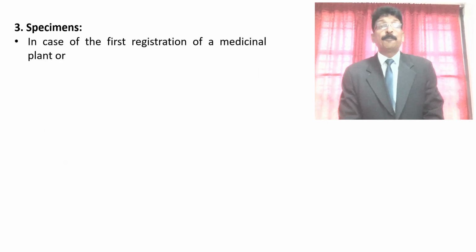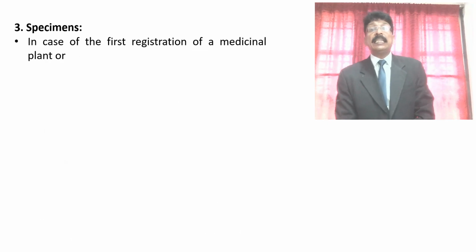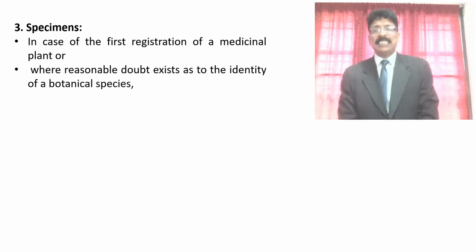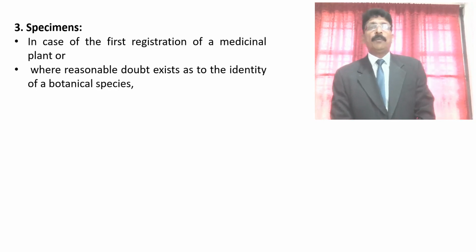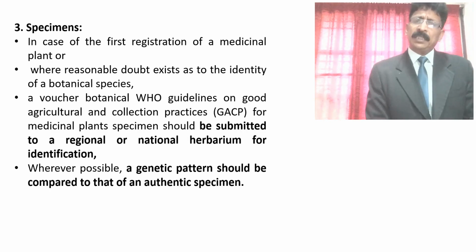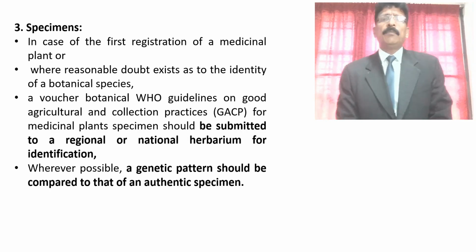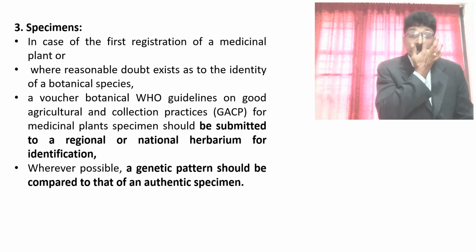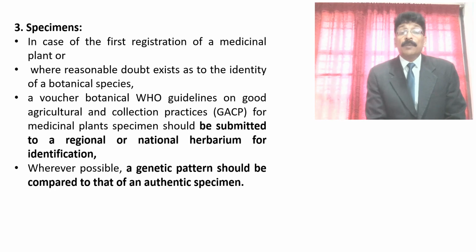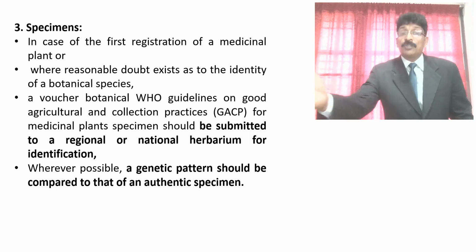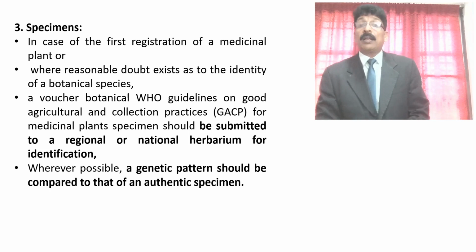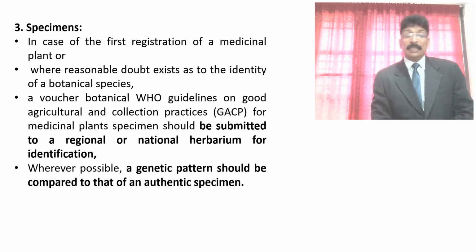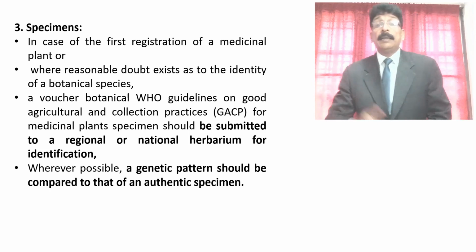Specimens. In the case of the first registration of a medicinal plant, or where reasonable doubt exists as to the identity of the botanical species, a voucher botanical specimen, as per the WHO World Health Organization guidelines on good agricultural and collection practice for medicinal plants, should be submitted to the regional office or the national herbarium for identification. Where possible, a genetic pattern should be compared so that authentication of the specimen can be done.